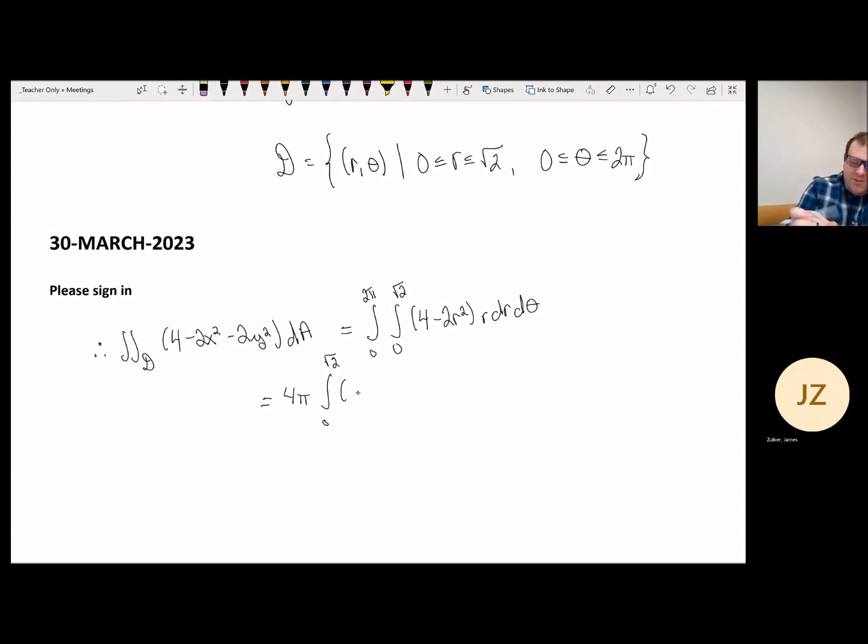That leaves 2r minus r cubed dr. All right, we're going to have 4 pi times r squared from 0 to root 2, which is just 2, minus r to the 4th over 4 from 0 to root 2. Root 2 to the 4th is 4, isn't it? It'll just be minus 1. The volume of that solid is 4 pi.